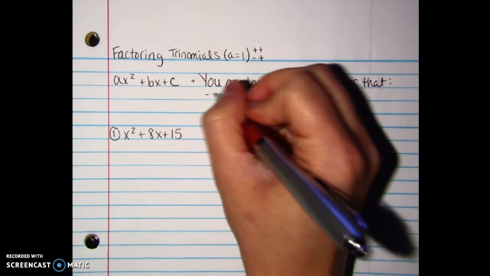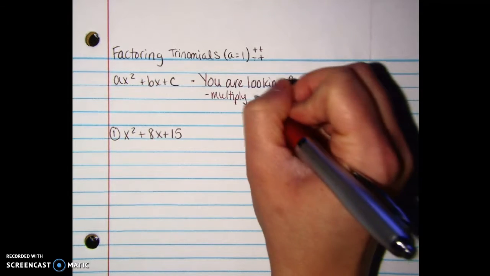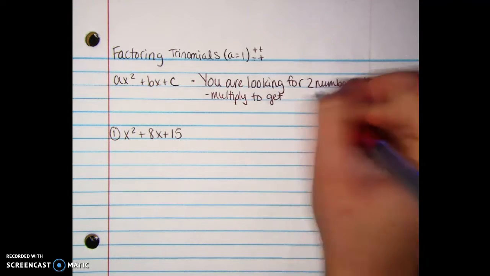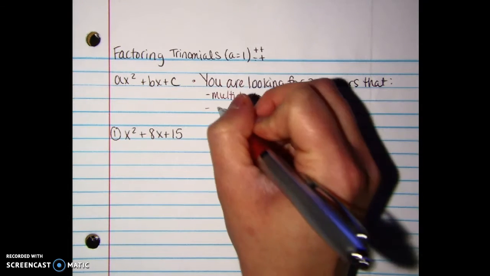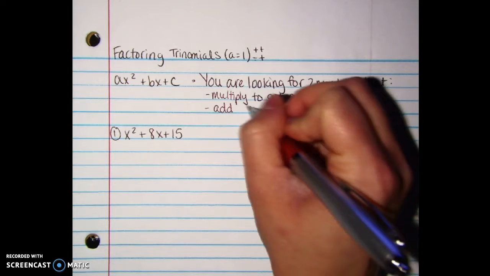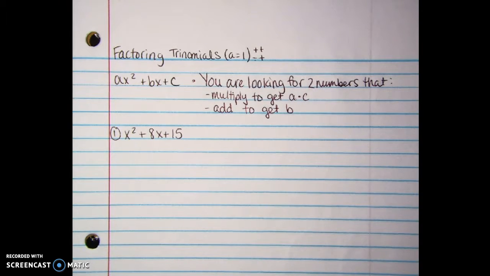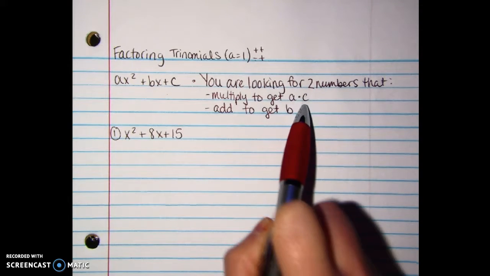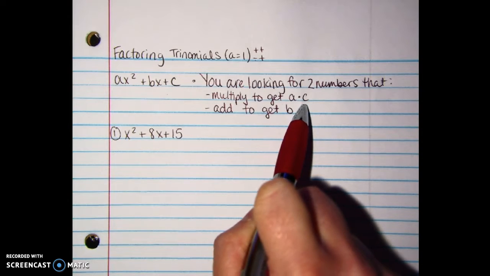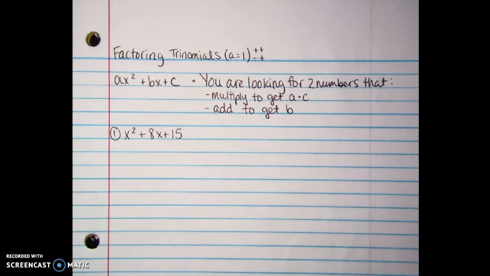They need to multiply to get a times c, and they also have to add to get b. So you need two numbers that multiply to get a times c, and they will also need to add to get b. And that really doesn't make much sense right now, but let me show you what that means.